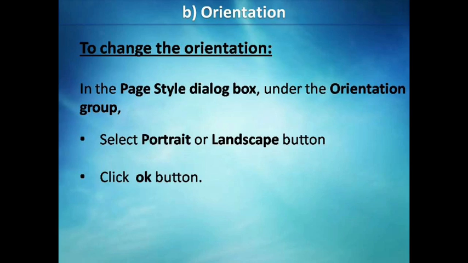There are two radio buttons, one for portrait and another for landscape. From these two option buttons we have to choose our required orientation. After selecting the button, we should click the OK button to apply the selected orientation. Now you will see our document is turned to the selected orientation.